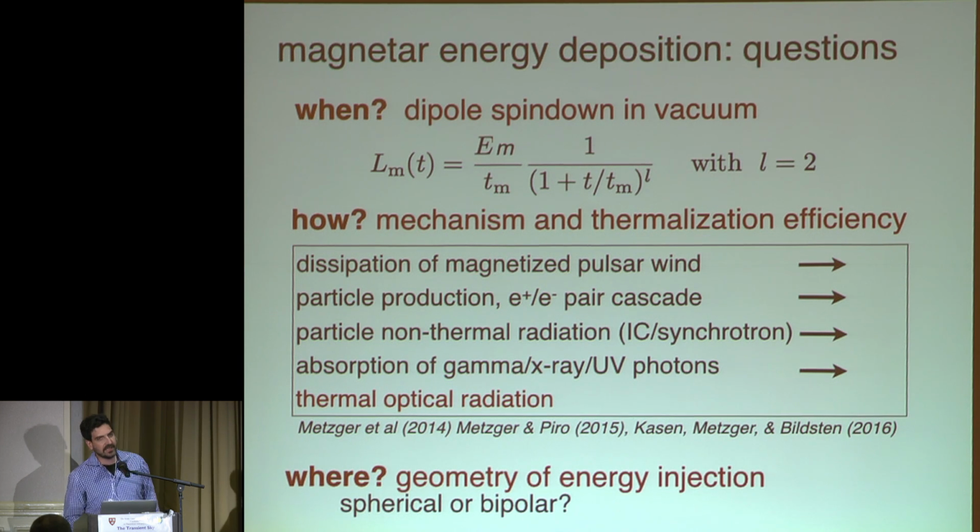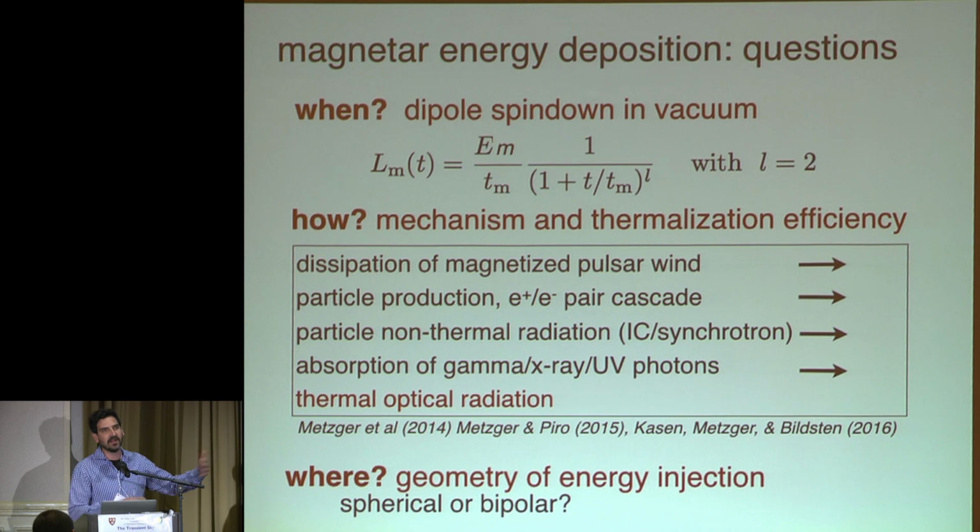And then how does that energy from the magnetar spin down actually get transported and heat the ejecta to be radiated? This is where Robert said that the tooth fairy came in and did it for you. There is some physics here, although it is complicated and not totally well understood.